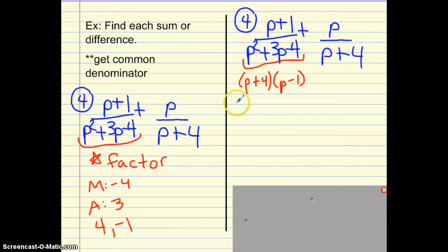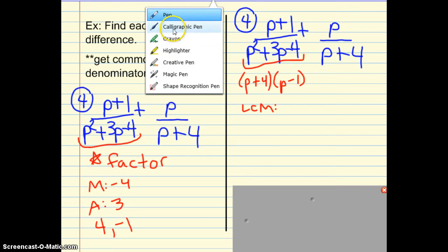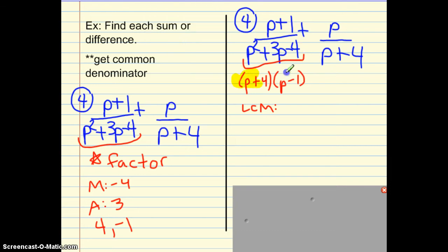And that helps me because then I will know that my LCM for my denominator here and here is going to be p plus 4 and p minus 1.